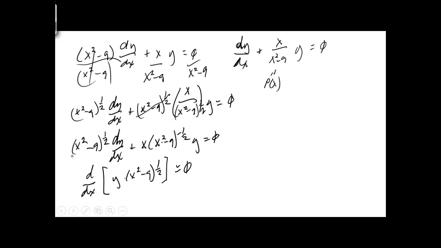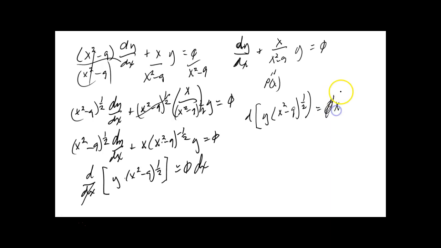Okay. Now, what that says, if we multiply both sides by dx, we have d of y times x squared minus 9 to the 1/2 is equal to 0 dx.